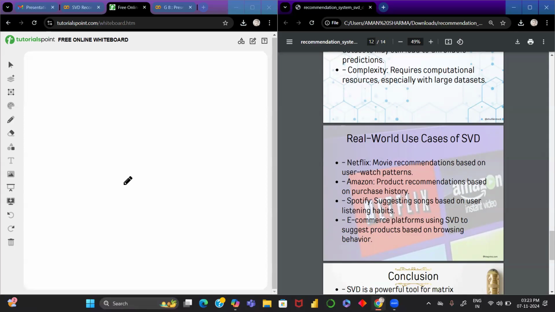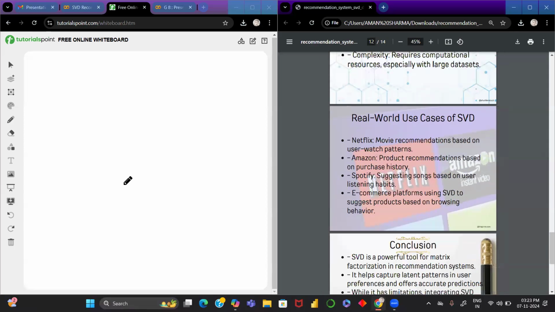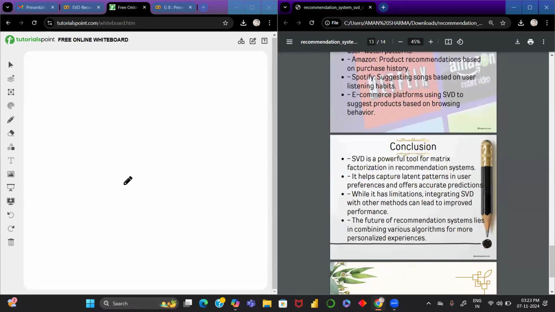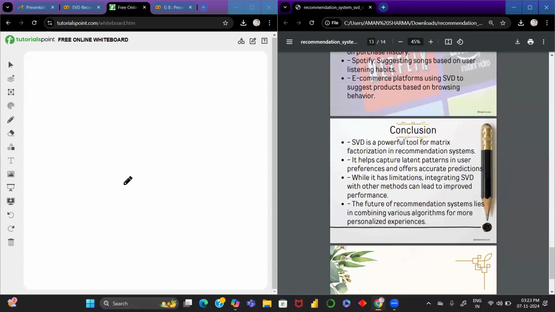On Spotify, they suggest new songs similar to what the user heard previously, and likewise on e-commerce platforms using SVD. In conclusion, SVD is a powerful tool for decomposing or factorizing a matrix, and it helps capture latent patterns in user preferences and offers accurate predictions. The future of recommendation systems lies in combining various algorithms for a more personalized experience. Thank you.